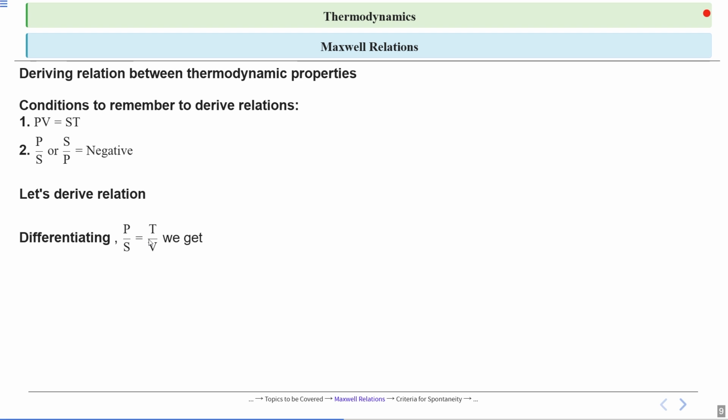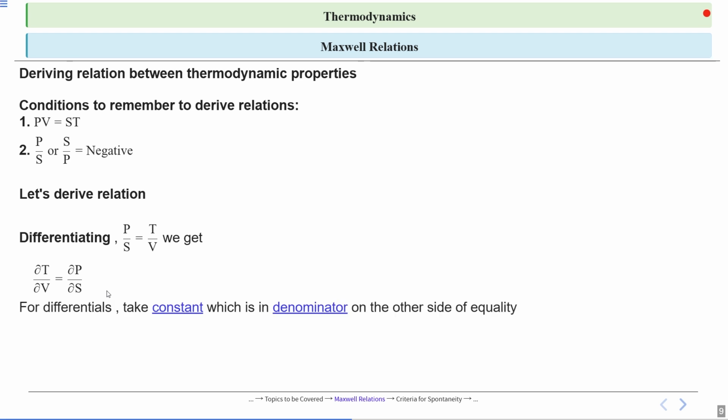Now you will take the differential of this. What we will get? dT by dV is equal to dP by dS. We have just written this equation in the form of differential. Now the next part is taking constants. What are the things that we take constant? It's very simple. What is present in the denominator on either side will be taken as constant.